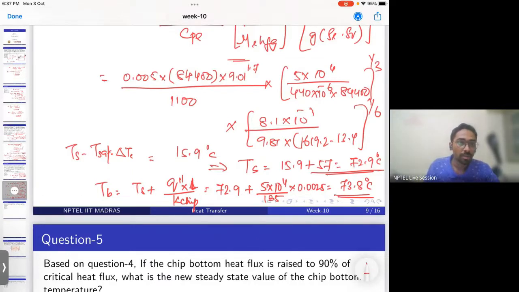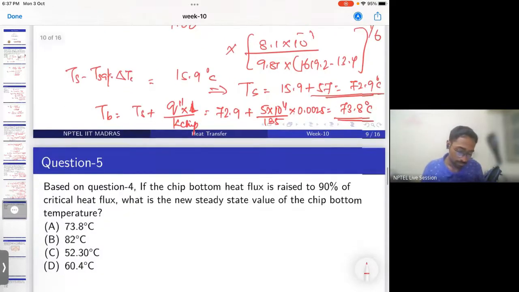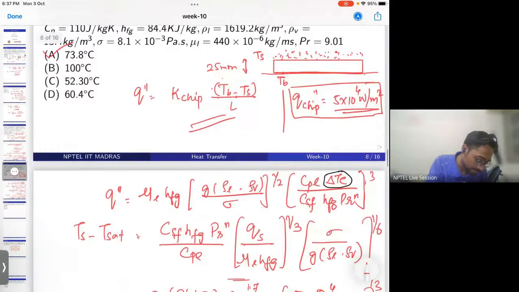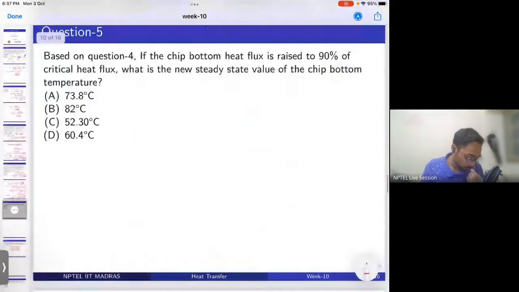Okay, so you can also try this. The answer is A. So the next question is also based on question number 4.